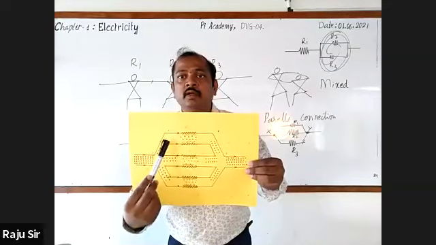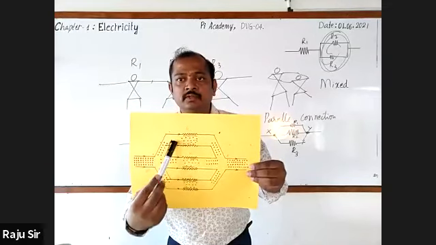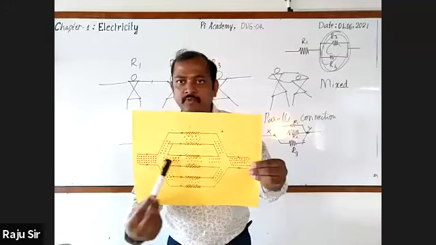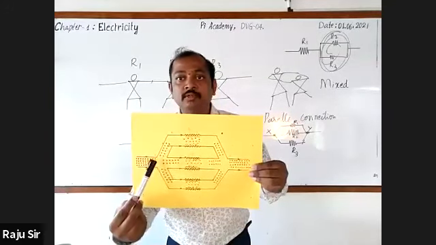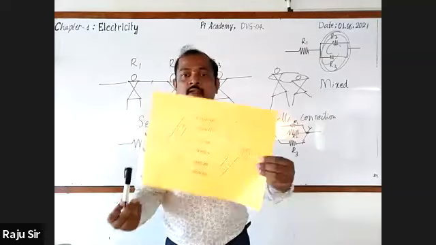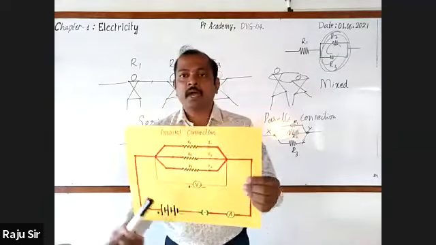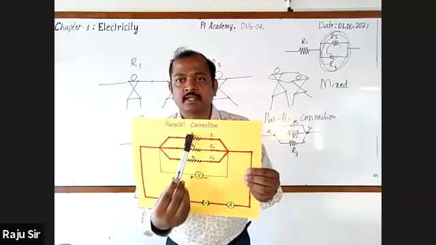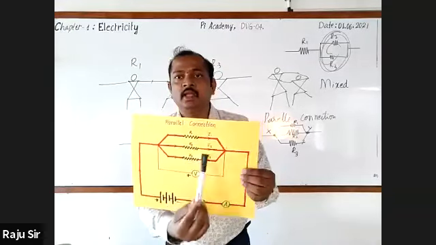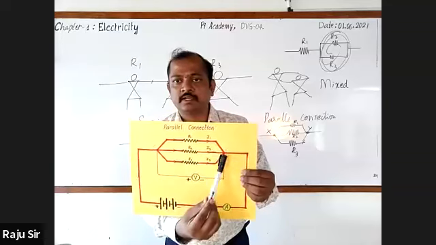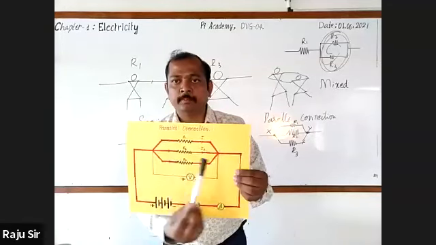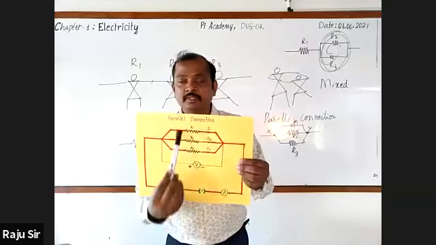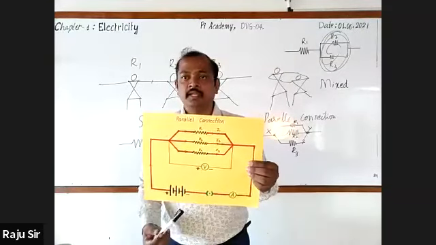Again, at this point, you'll come from 3 different roads. So this is a circuit related to parallel connection. 3 resistors are there, R1, R2, and R3, and these 3 resistors are connected between the same 2 points. Hence, they are connected in parallel.